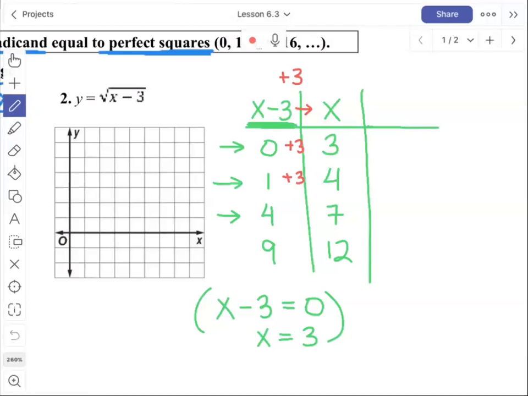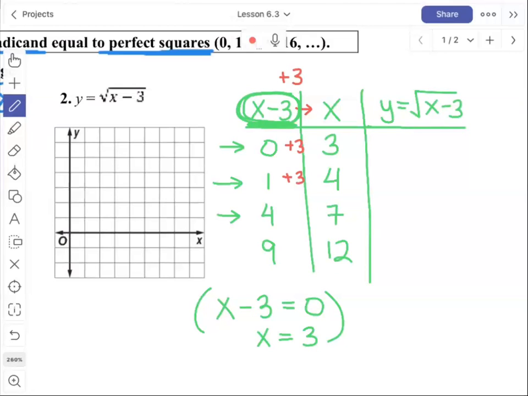So what I just found were the numbers that x has to be so that what's inside my radical comes out to be these nice numbers, 0, 1, 4, 9. Now to find the points to plot, I also need to find y. So y is equal to the square root of x minus 3.